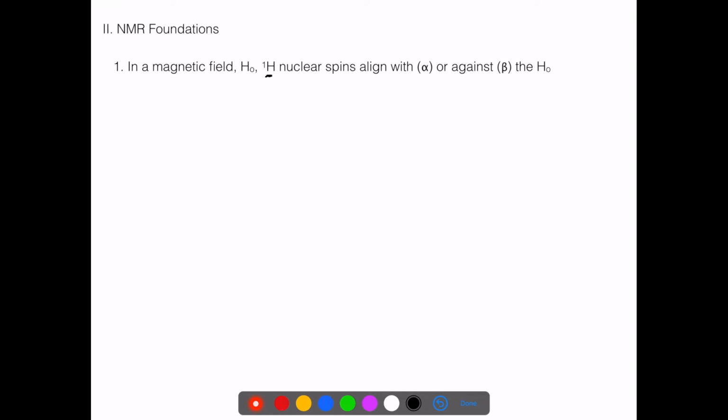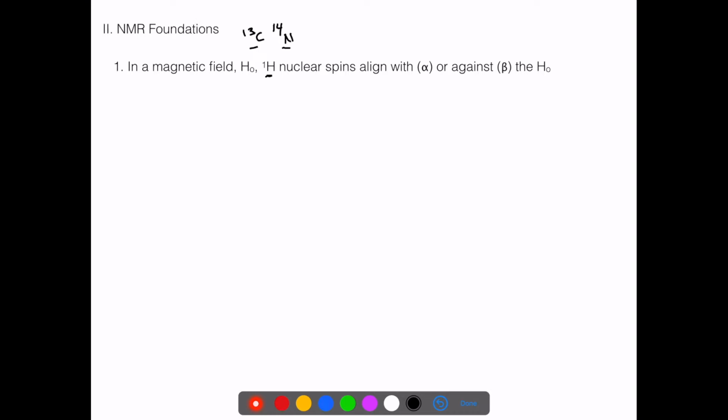Also other atoms, such as carbon-13, and let's see, nitrogen-14, the spins of those would also align with or against the magnet, and it's because they have an odd number of either protons or neutrons. And so that's why carbon-12 would not work, because it's 6 protons and 6 neutrons, but carbon-13 does. And for nitrogen, it has 7 protons and 7 neutrons, and so it would.